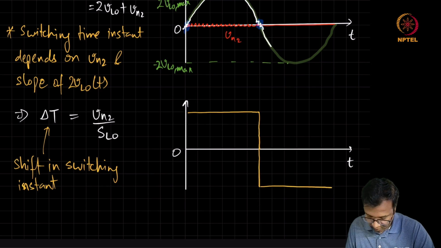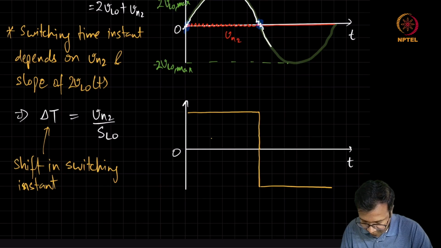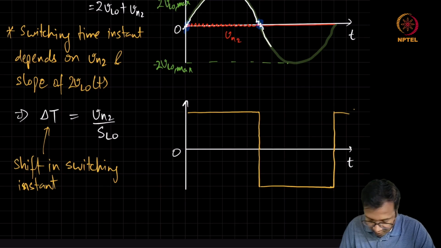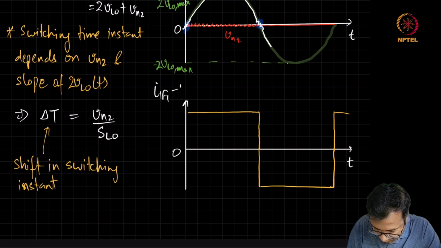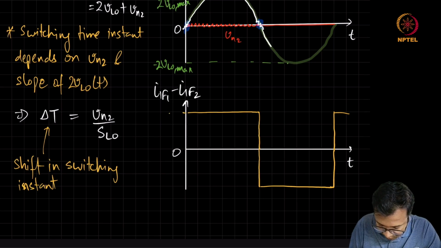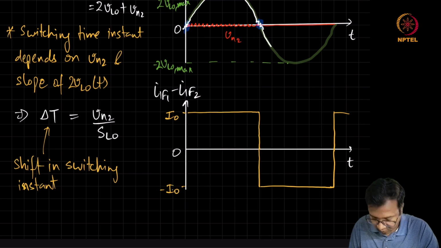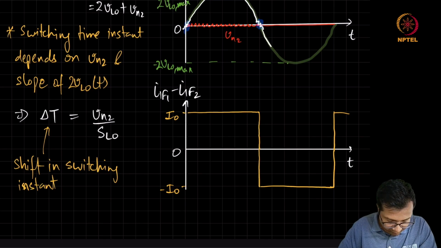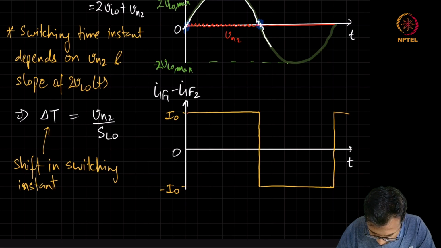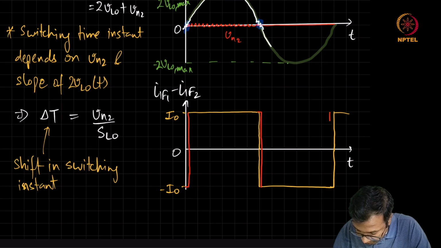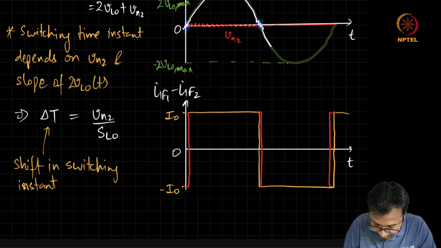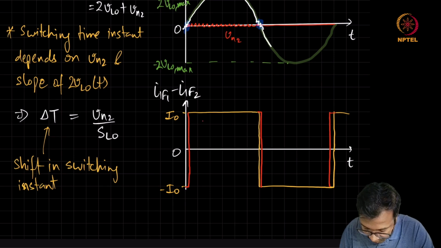I'm taking the difference. In the difference, going from I naught to minus I naught, the impact is there can be extra narrow pulses present near the transition.